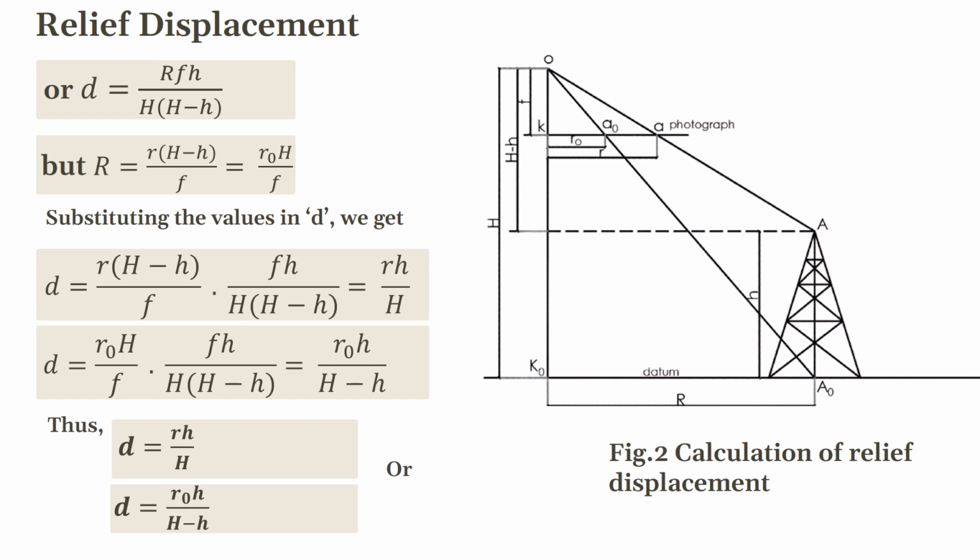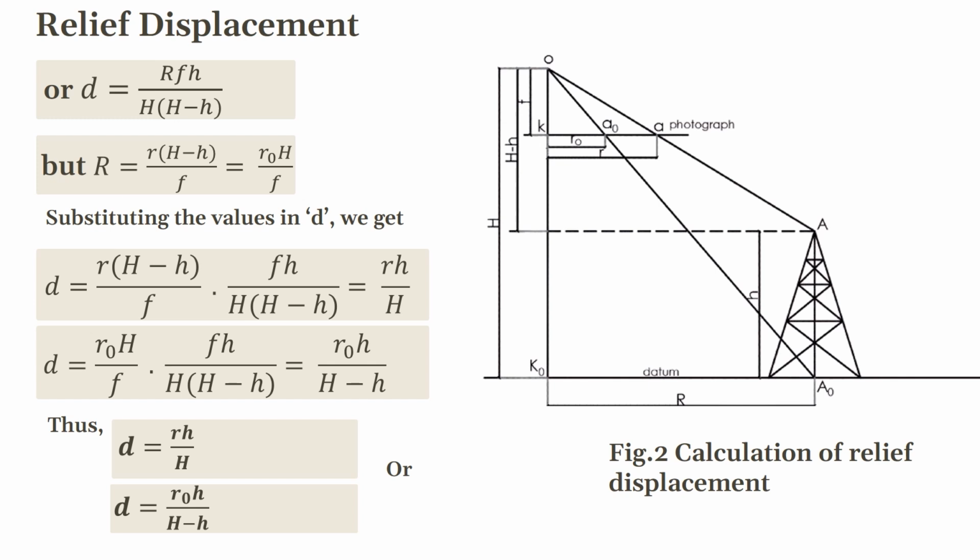But there is one more thing that we could do. We can also write capital R from the above derived equation of similar triangles as capital R is equal to small r into capital H minus small h by f, and capital R is R naught capital H by f.